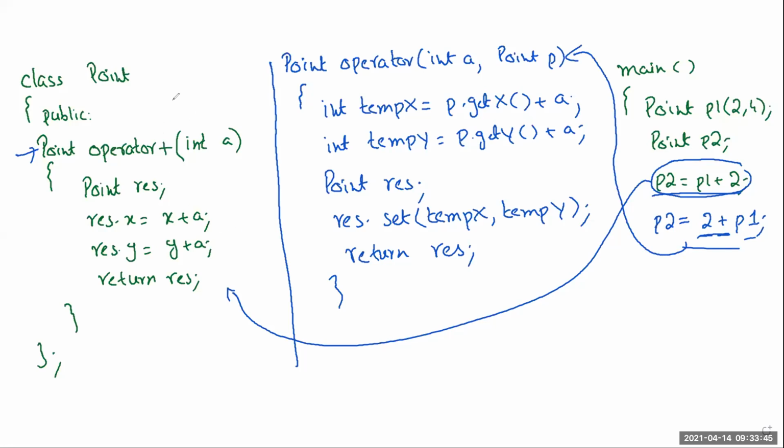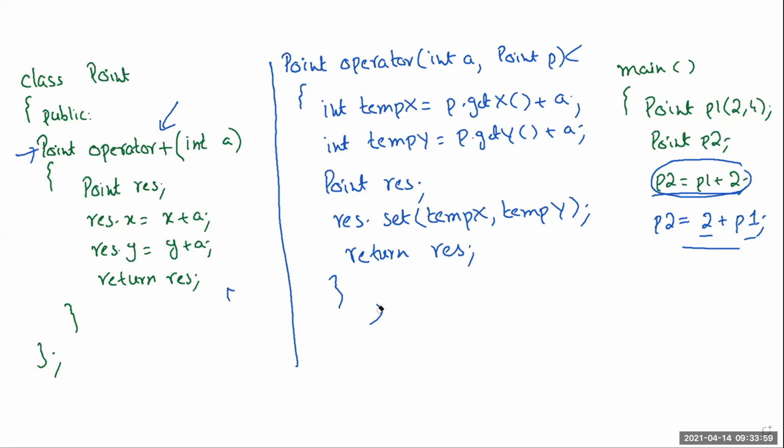And if you don't want to implement this one with a member function, you can even make the same function non-member just by reversing the order of point and integer. If you don't want a member function, you want everything to be non-member functions, then that is also possible. Let me just write the prototype and the rest you can complete. So it is perfectly legal that in the same program you also have a function point operator plus, point p, int a, and in this you can write exactly the same body which was here.